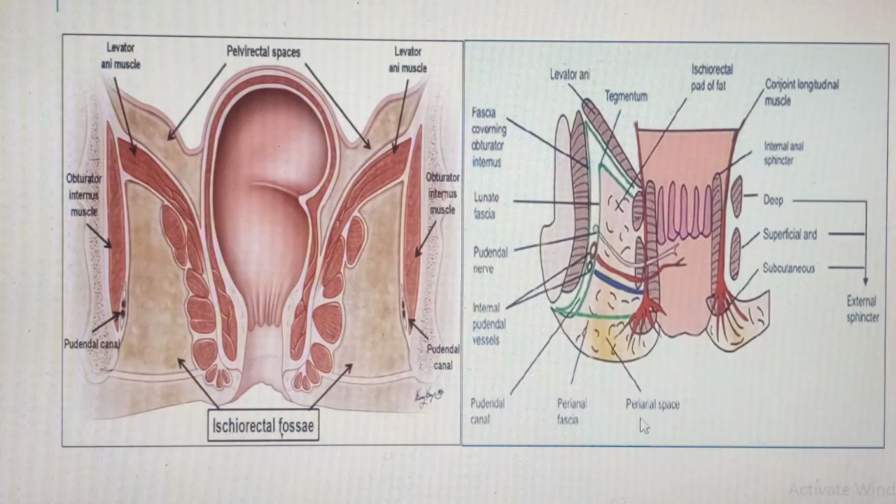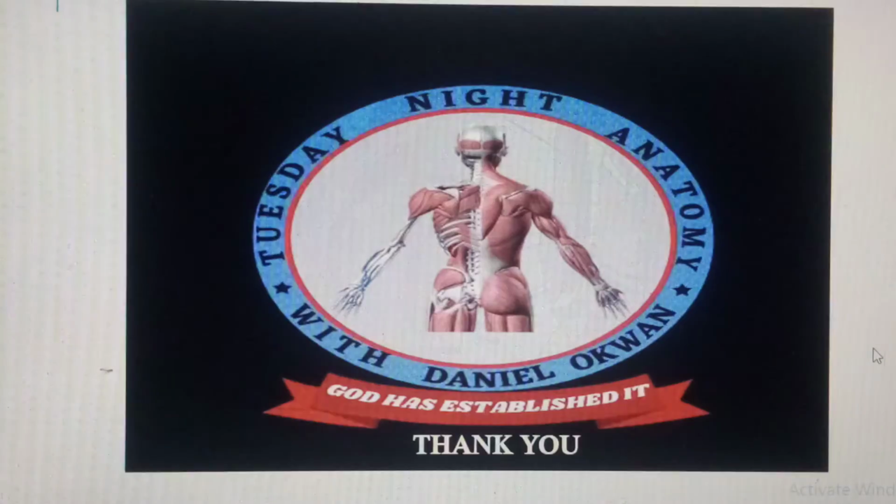That is known as the anal space. So that is the reason why care must be taken: if any abscess is formed over here, you take care so that you don't cause injury to these neurovascular structures.